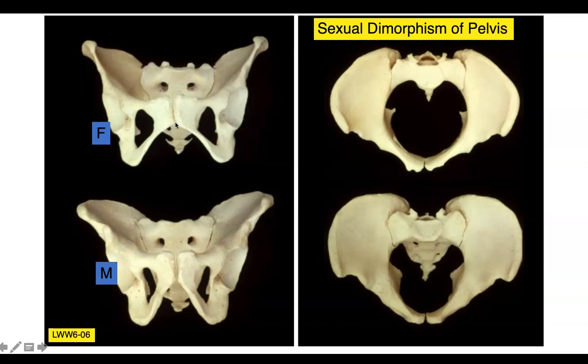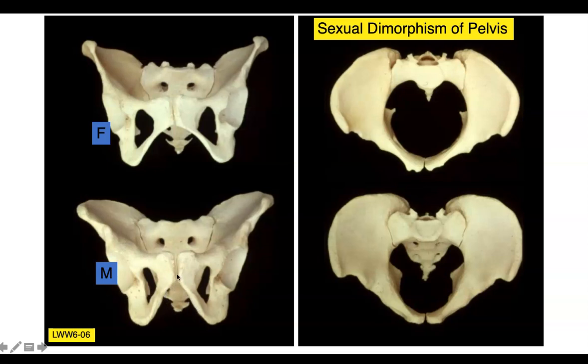The female pelvis is wider as a whole. The angle inferior to the pubic bones is called the pubic arch or the subpubic angle, and it is wider than in the male pelvis. In the male pelvis, the pubic arch or subpubic angle is narrower.